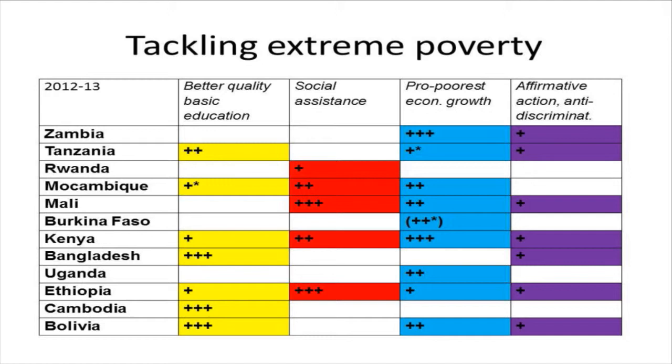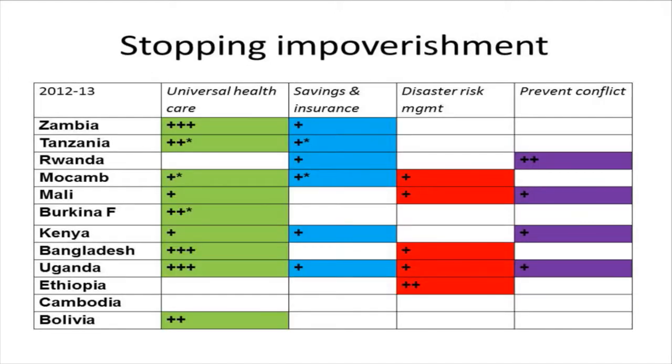The share going to agriculture has decreased over the years and has remained quite low. But that's a different story. I haven't really gone into that detail when it comes to pro-poorest economic growth, whether it's agriculture or other sectors. I could speak about that as well, but I don't do that here.